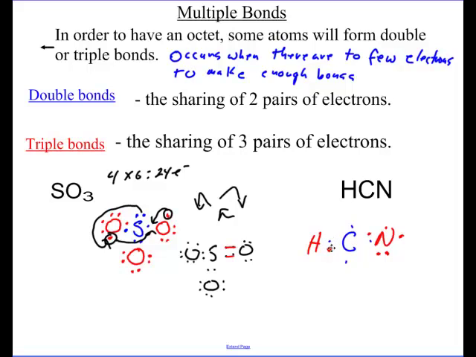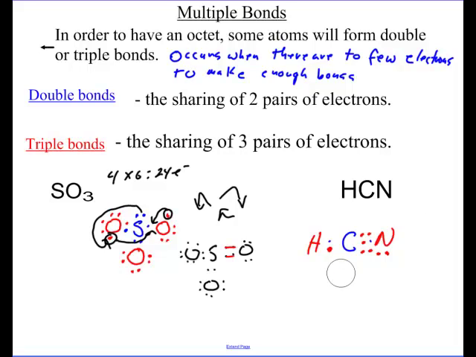This carbon, 2, 3, 4, 5, 6. Not good enough. But we have this lone electron here. We have a lone electron there. Let's just say those two are going to come together and form a bond right in there. All right? So I'm going to try and erase those without erasing the whole letter. There we go. And then now look what I have. I have 2 lone electrons. This one right here and this one right here. Well, let's say those come together and make a bond right there.